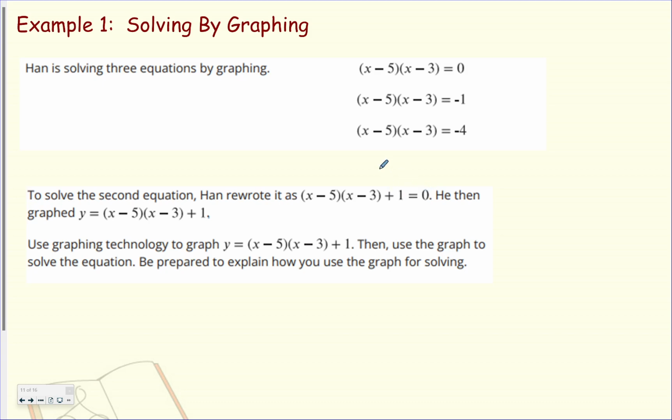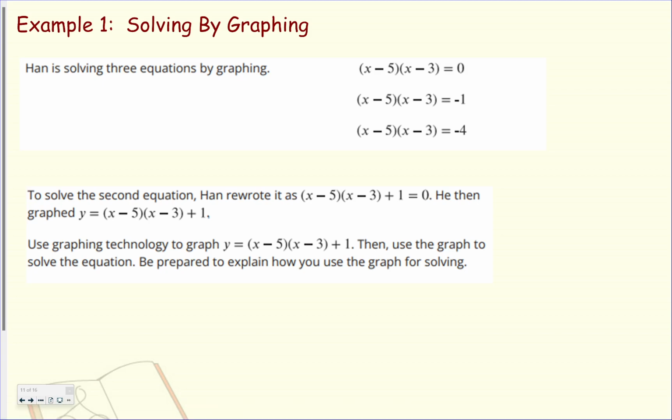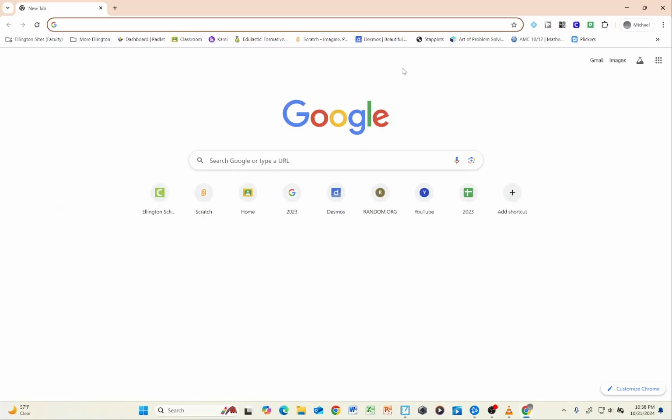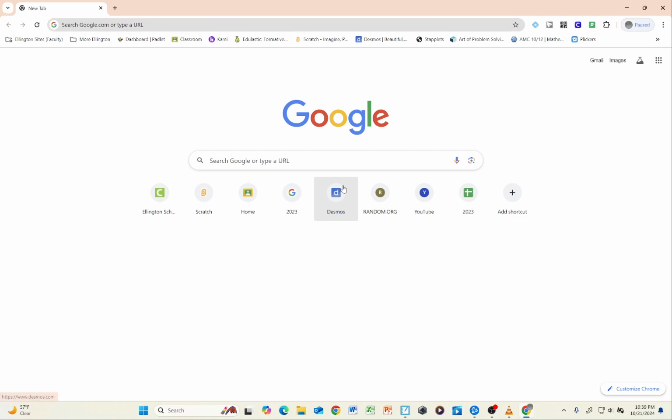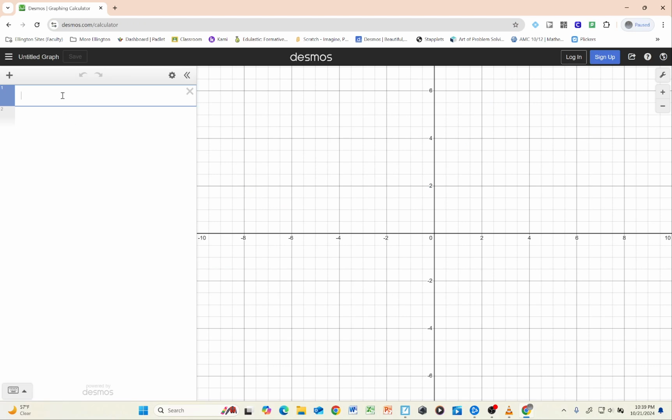So let's see if I could go ahead and do that here. I don't have Desmos up, but I can certainly pull that up here. Just give me a second, and here we go. And here's Desmos. All right, perfect. You can see it right here with us. So what is the equation?